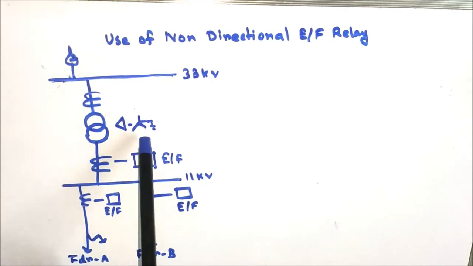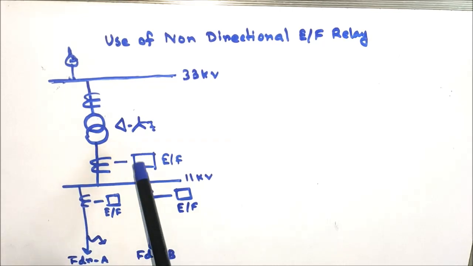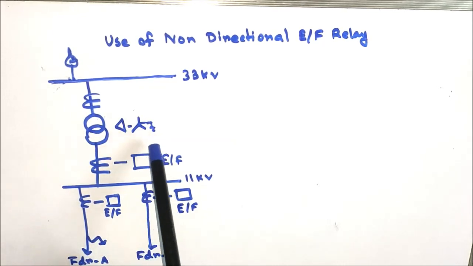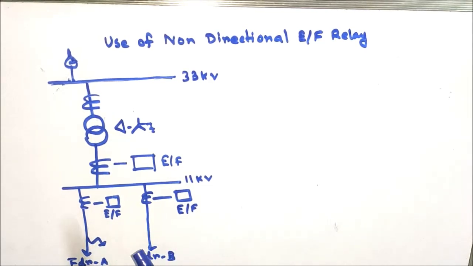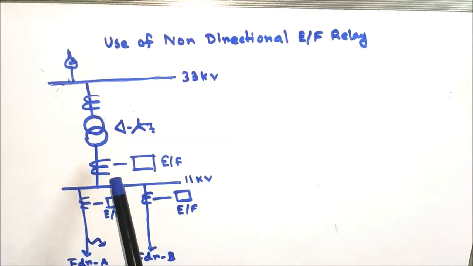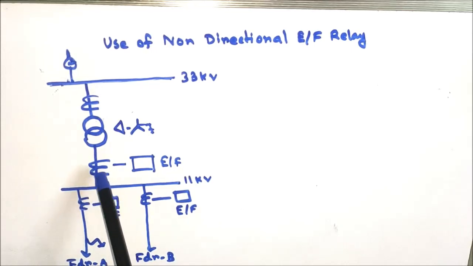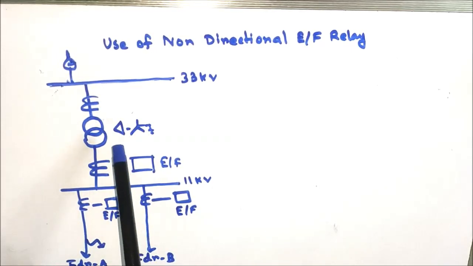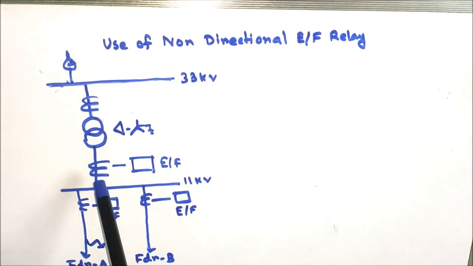Since the star point is grounded, if any earth fault occurs in the downstream side, then this grounded star point path will provide the return path of the earth fault current. So this LV side CT senses this earth fault current also, but the HV side is delta connected, so there will be no effect of the earth fault in the HV side.